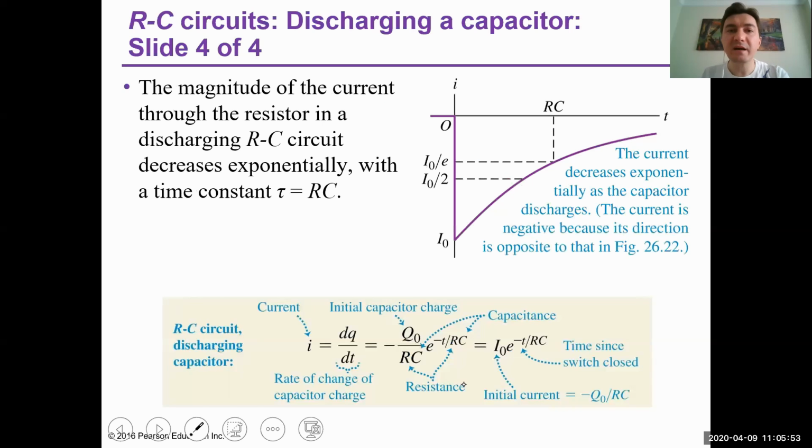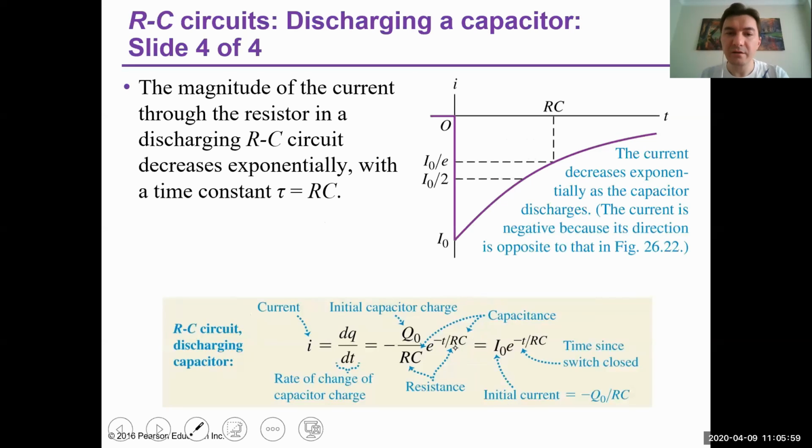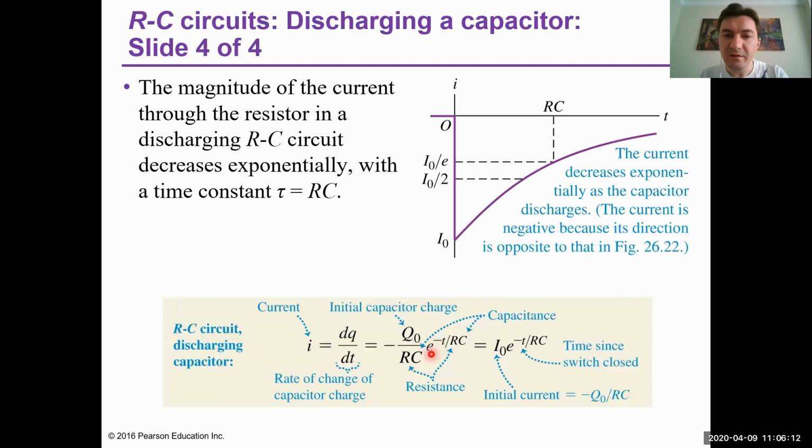And look at the current here. If you take the time derivative of that expression, you will get this formula: dq over dt equals minus Q0 over RC, just taking the derivative of that function, times e to the power minus t over RC.